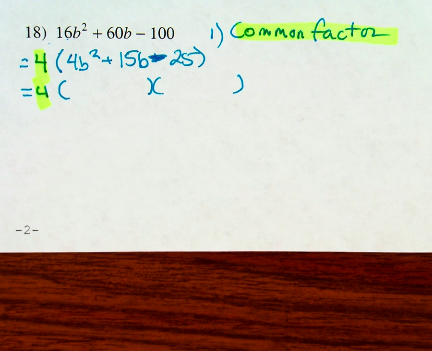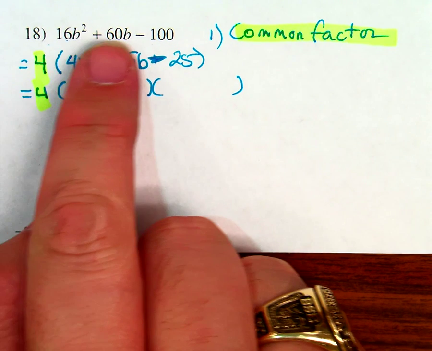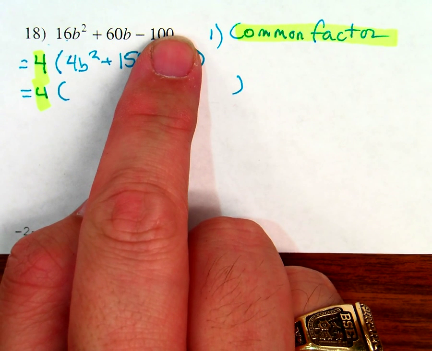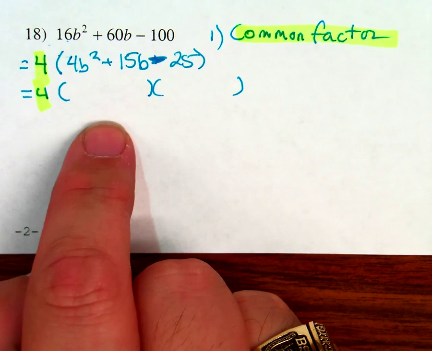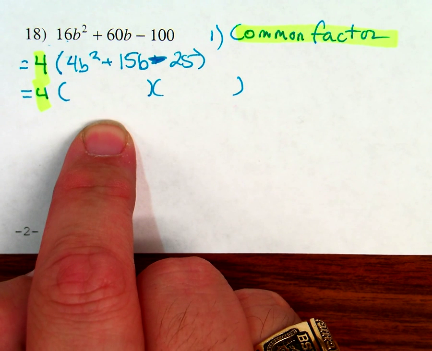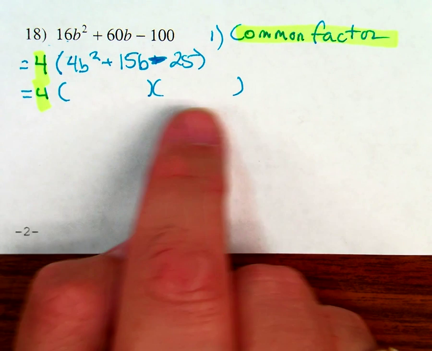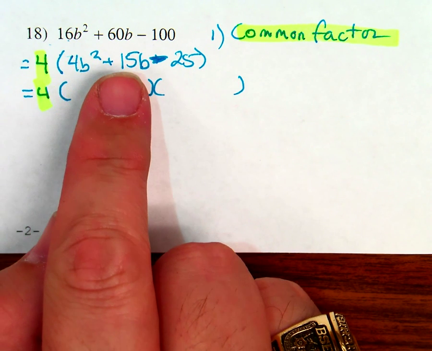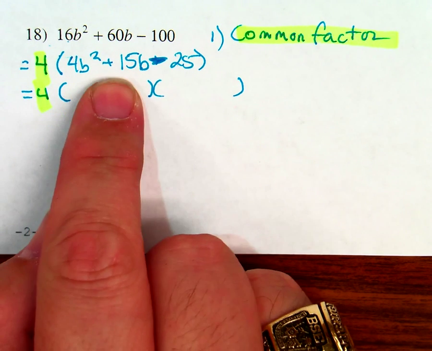But remember, when you're factoring, you're actually turning this addition problem, this polynomial, into a multiplication situation. So we're finding factors, and at that point, we have 4 times something else.